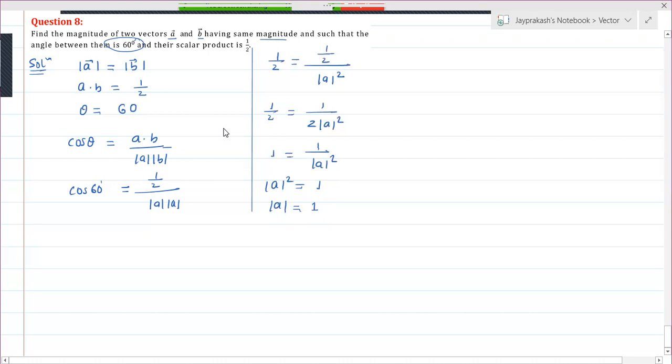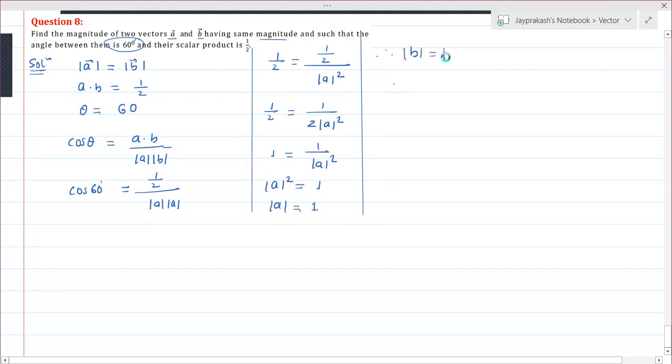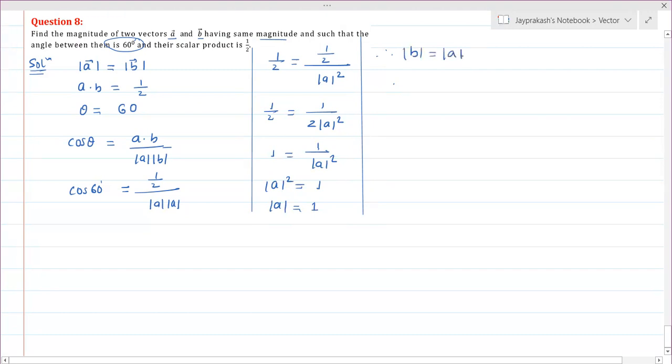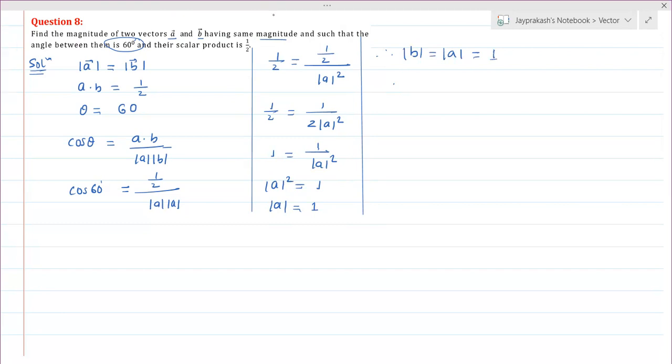Now it is clearly mentioned in the question that whatever the magnitude of A is, it will be the same as the magnitude of B. So therefore magnitude of B equals magnitude of A, and both are 1. You can also say that if the magnitude of a vector is 1, then it is a unit vector.